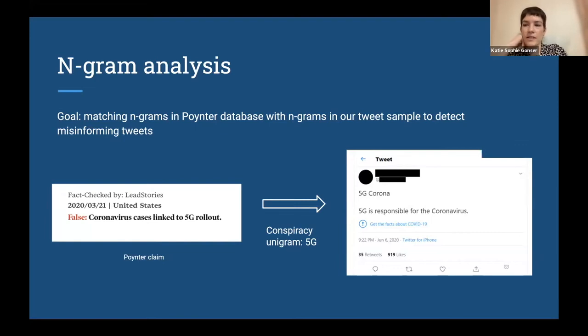So the first step is to clean the claims. We removed special characters and stop words, and we replaced all numbers with count because otherwise numbers appeared as Ngrams, and we made all the words lowercase. And then using the TF-IDF method, which is term frequency inverse document frequency, we vectorized each word and each combination of words.